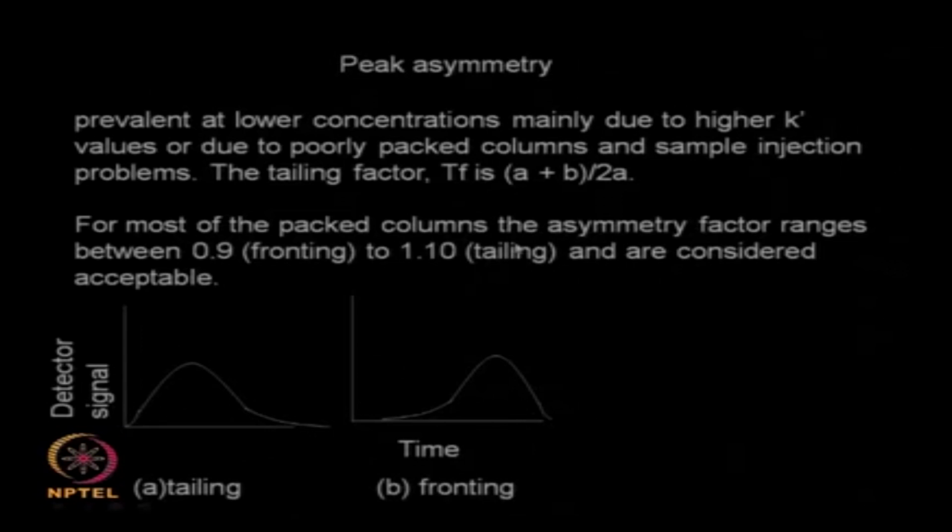So if it is above 1.1, then we can call this tailing. If it is around 0.9 or less, then we can call it fronting. That means in the case of fronting, A is larger, B is smaller. In the case of tailing, B is larger, A is smaller.